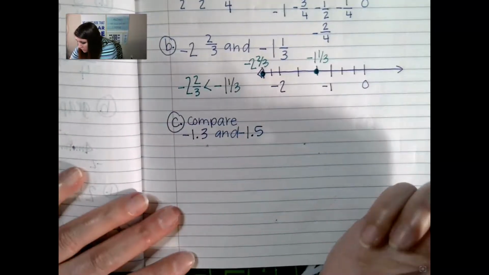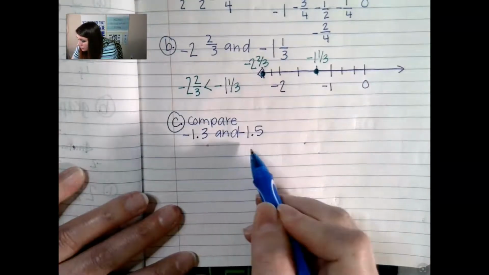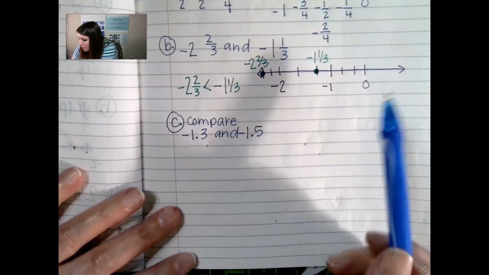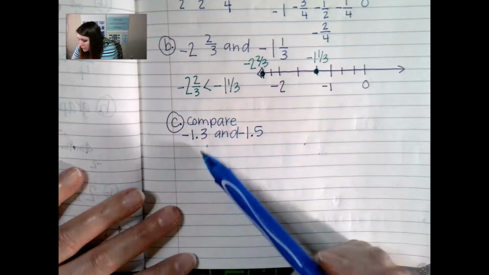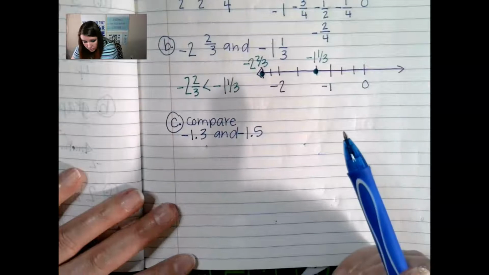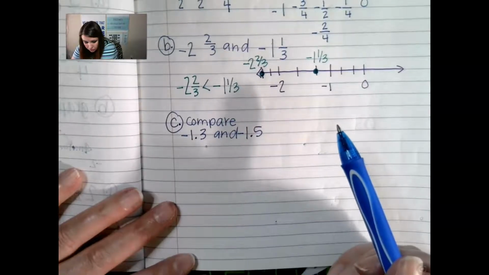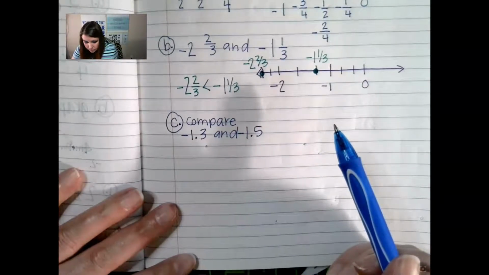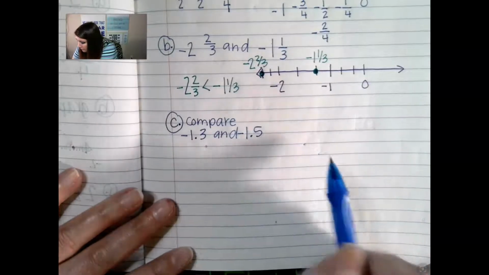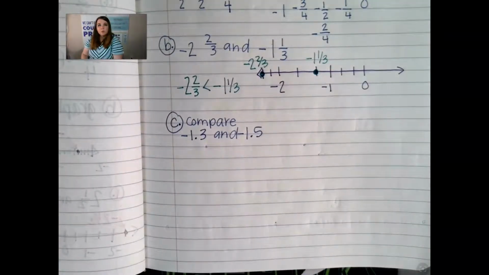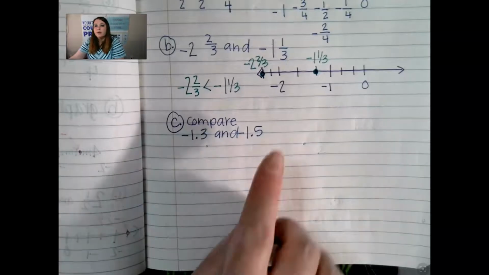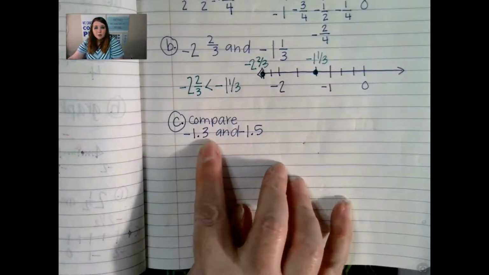Okay, so we're going to look at this and we're going to see that we have halves and we have thirds. So we're going to go ahead and graph this number. Now decimals. Remember, decimals are out of tenths because we are in the tenths column.